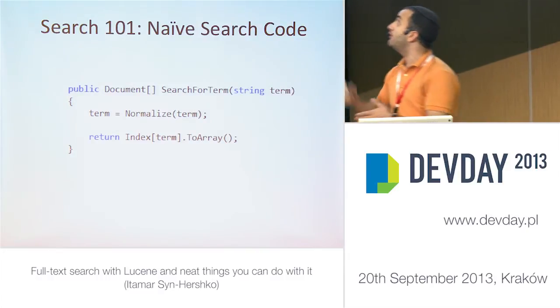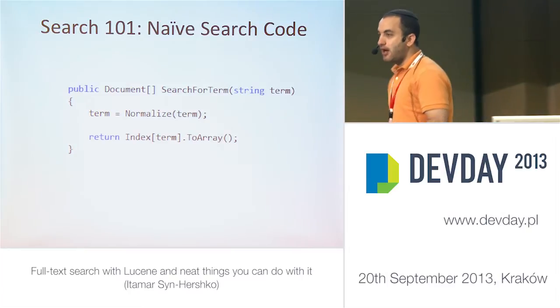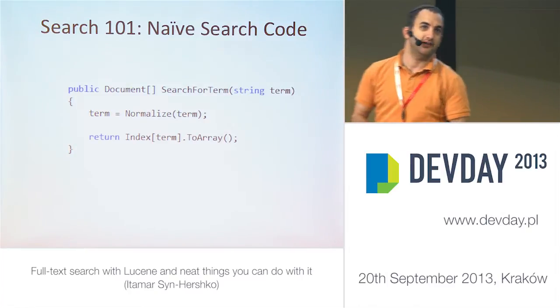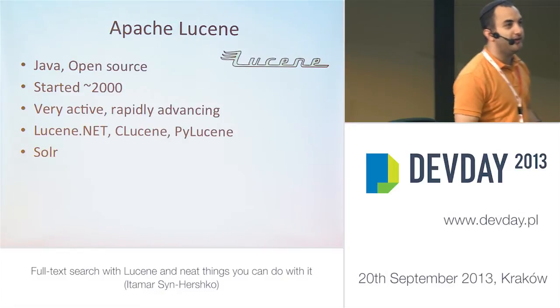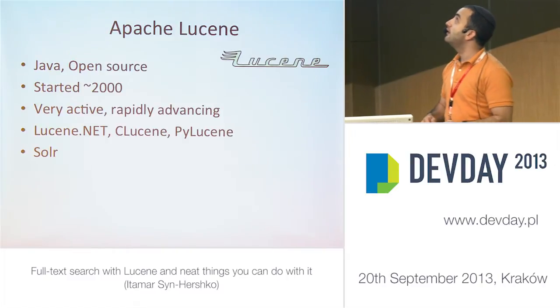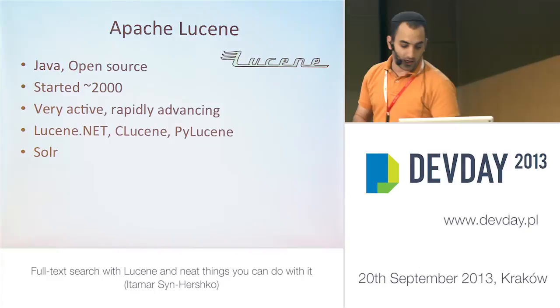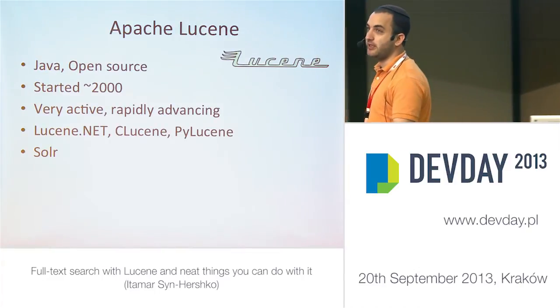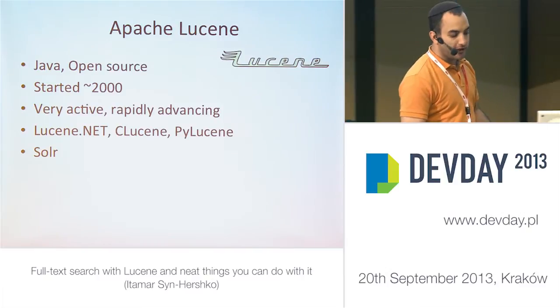All right. So this would be the naive code of implementing this ourselves. However, we don't need to implement this ourselves, because smart people already did that. So Apache Lucene is a project that started around the year 2000 and is today, I think it's safe to say, one of the fastest growing projects, and it is highly supported.